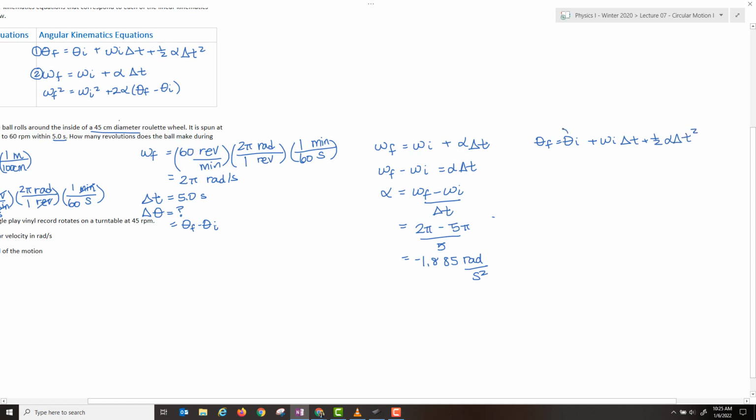If I bring my theta initial to the other side of the equal sign, I get theta final minus theta initial, which is delta theta. Okay, final minus initial means the change. So that's what this triangle is. Delta theta means the change in theta, which is final minus initial. So I'll just rewrite that equation.